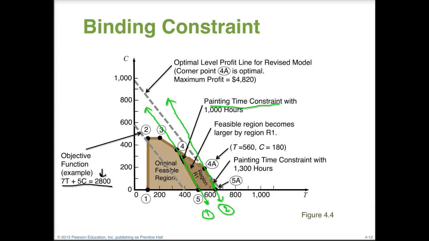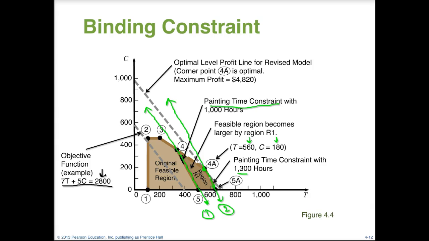Here, 4A is also a solution. What this communicates is that if we have more hours to do painting, then we should make more tables and fewer chairs. That's what happens by expanding that feasibility region.